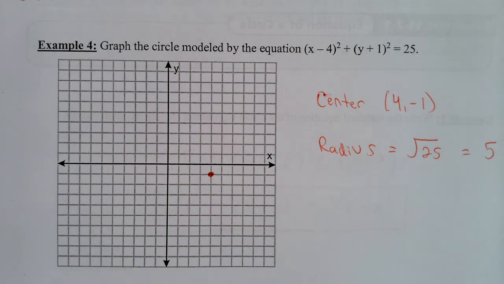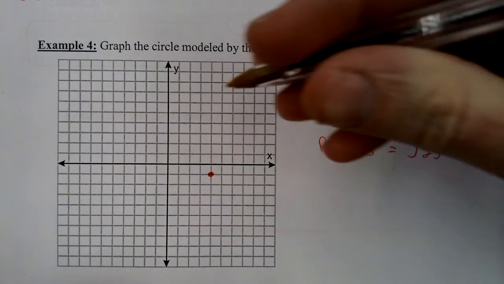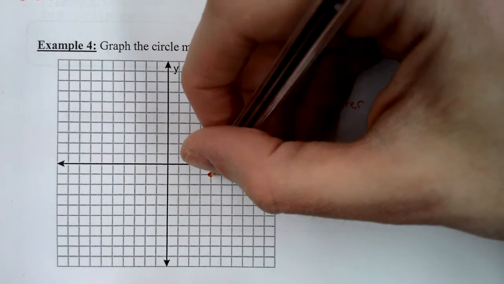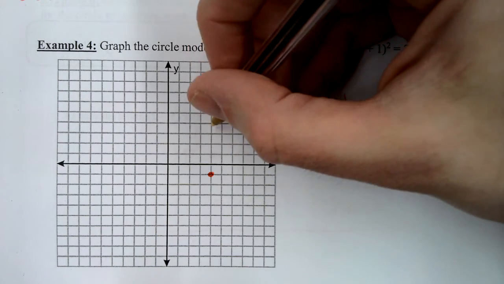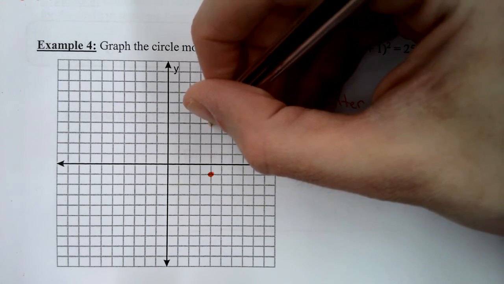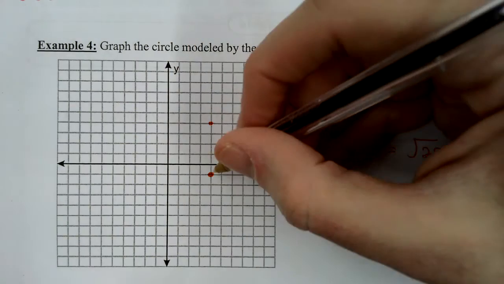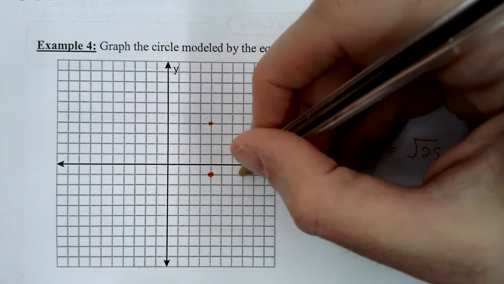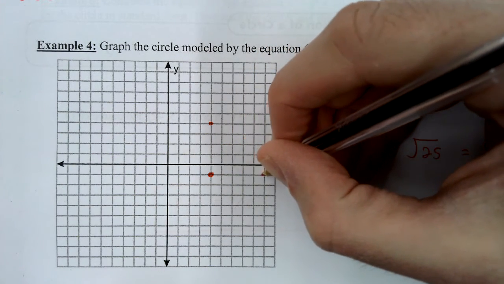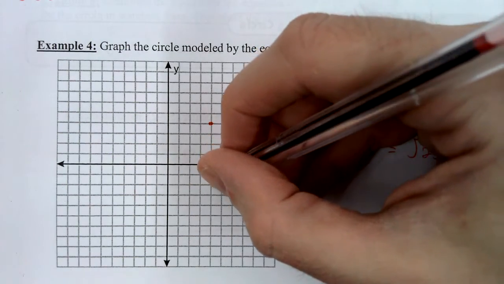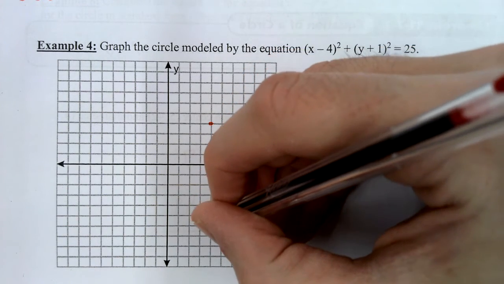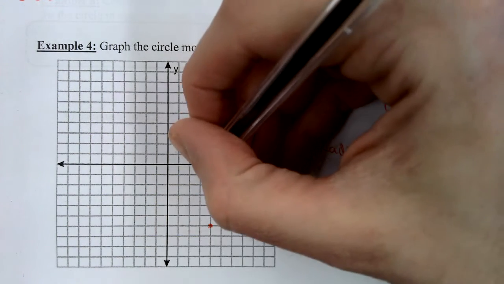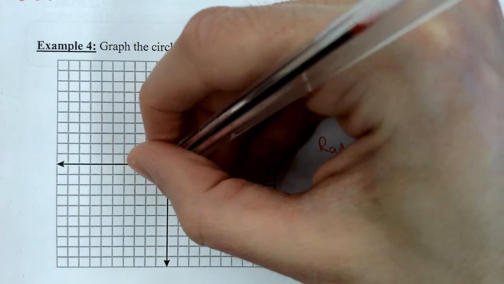So from the center, I'm going to count up 5 and put a dot. 1, 2, 3, 4, 5, because the radius is 5. Then I'll count right 5 and put a dot. Let's count down 5 and put a dot. And then left 5. Put a dot.